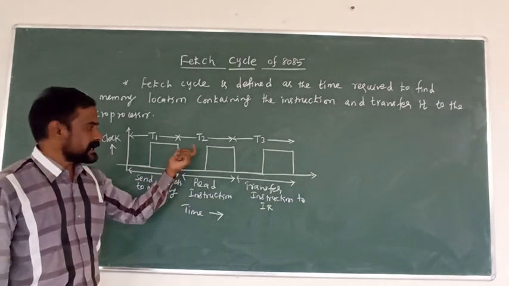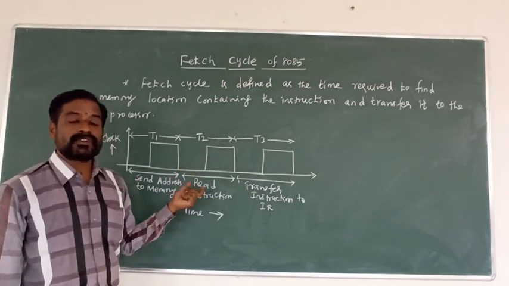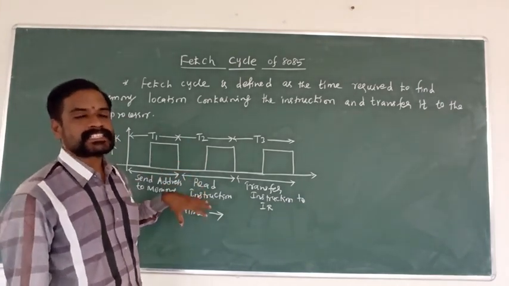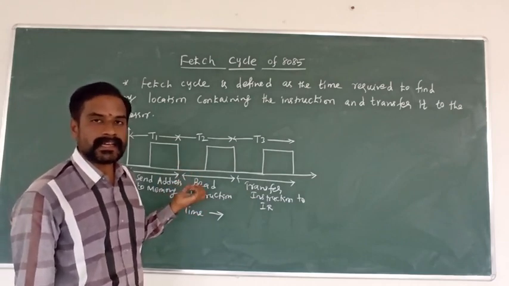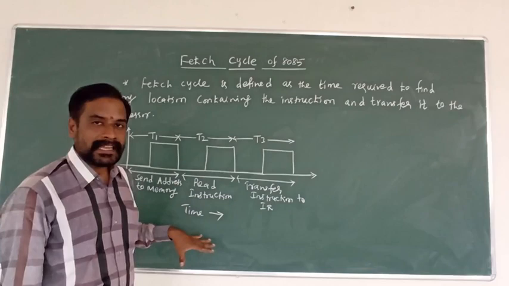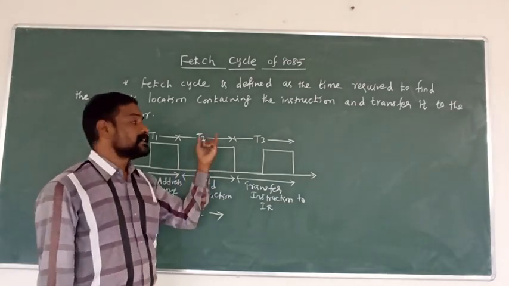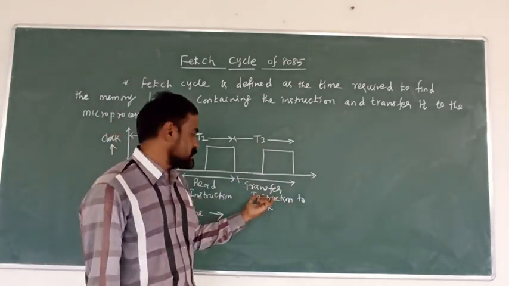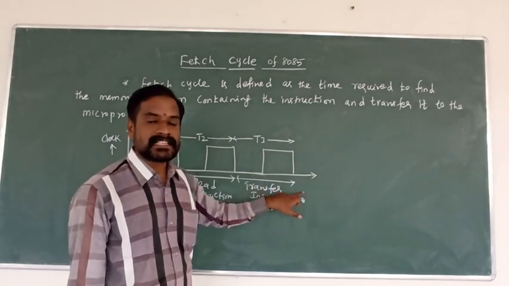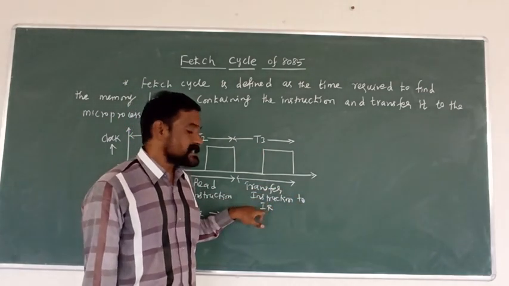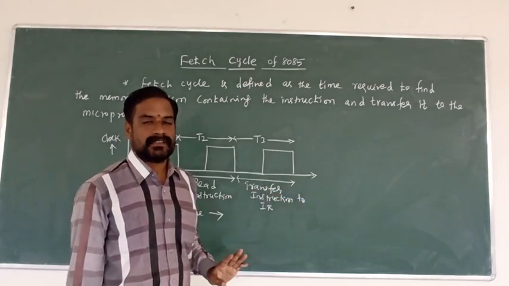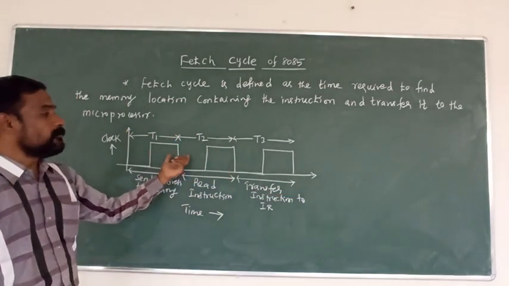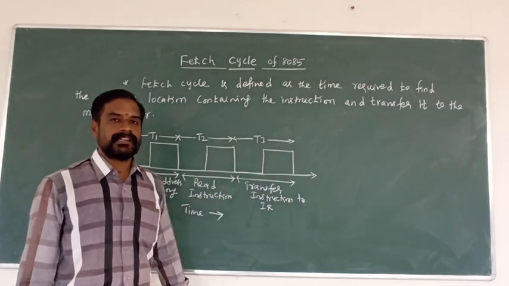In the second T state, read the instruction available in memory. After that, in the T3 state, transfer the instruction to the instruction register of the microprocessor. For that, how much time will it take?